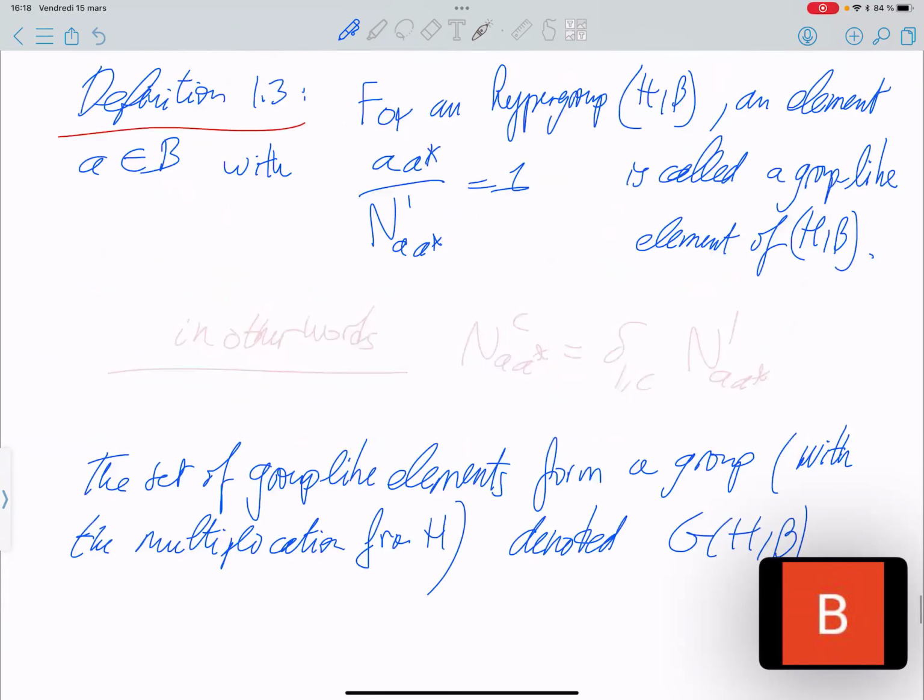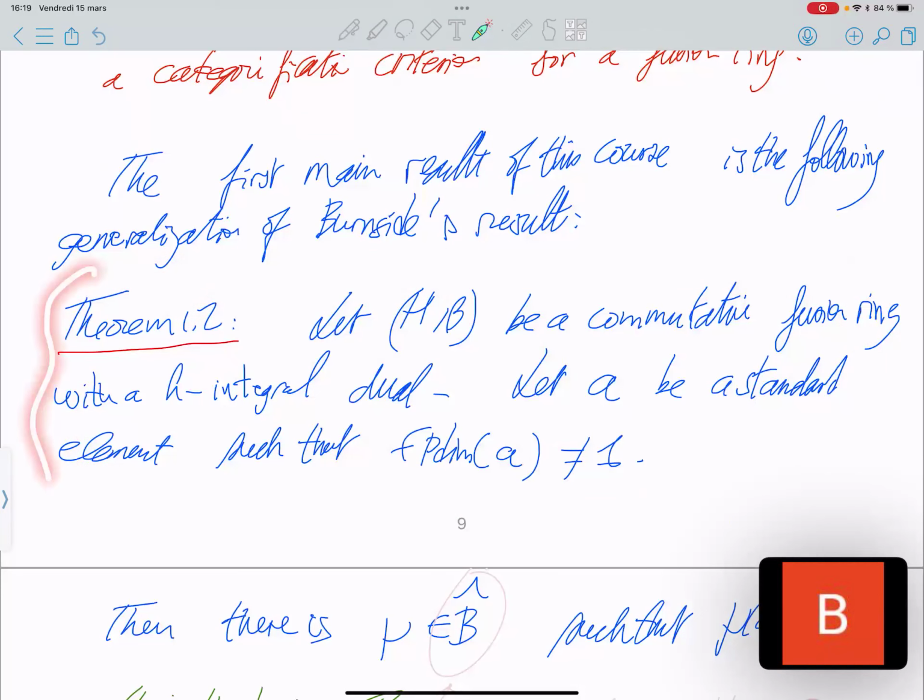So we will use this theorem to provide a definition of what we will call a Burnside hypergroup, or a hypergroup with a Burnside property. And this will correspond to a standard element which is not group-like.